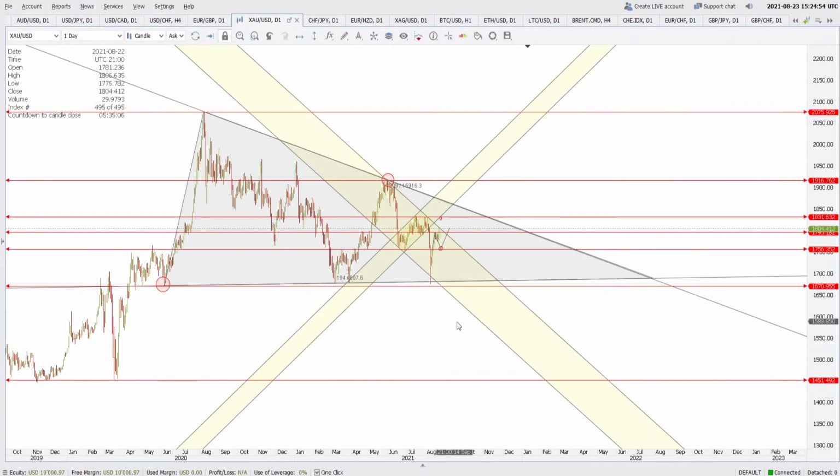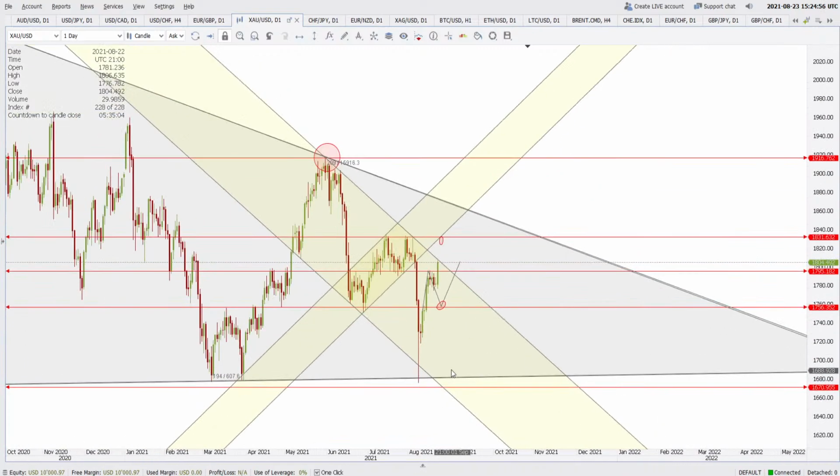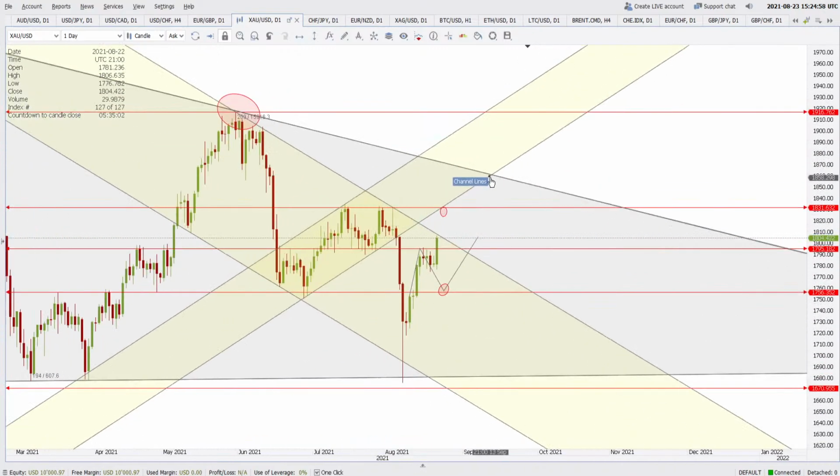Okay, this is a long-term triangle. The price is trading in between, and this triangle's line is this one. So expect this line to act as a resistance when the price reaches here. So these are the levels that are of interest in the gold. So for the short side, this one, and for the long side, this line is the level of interest.